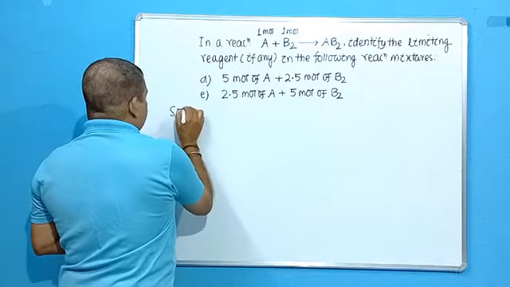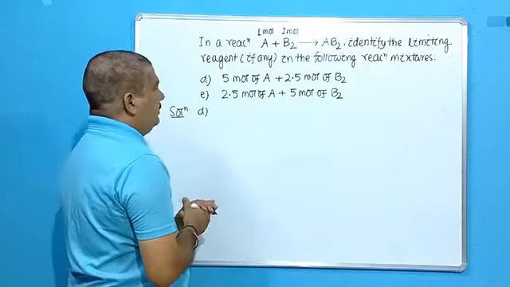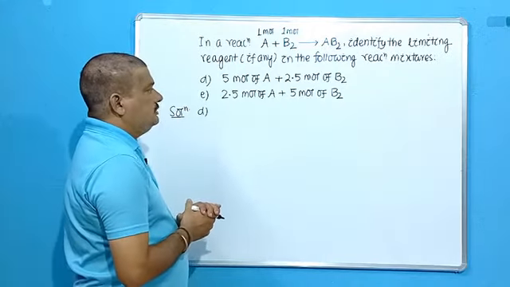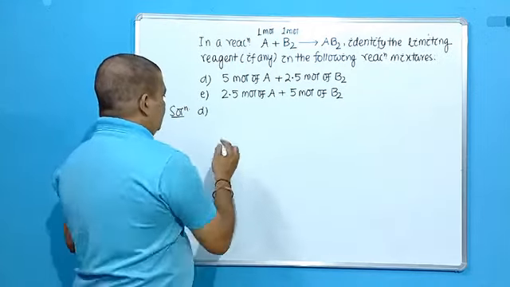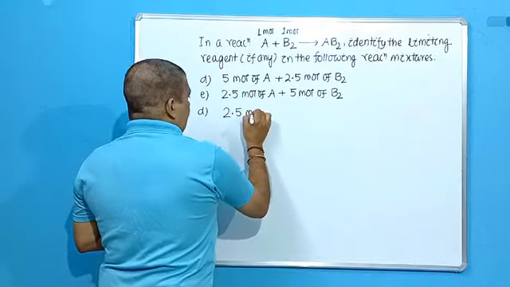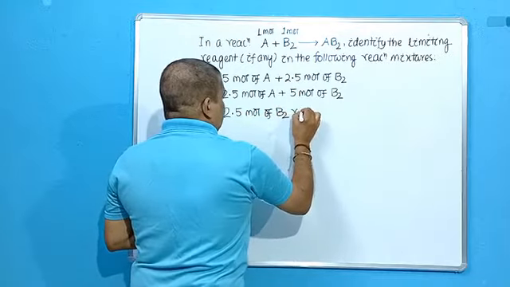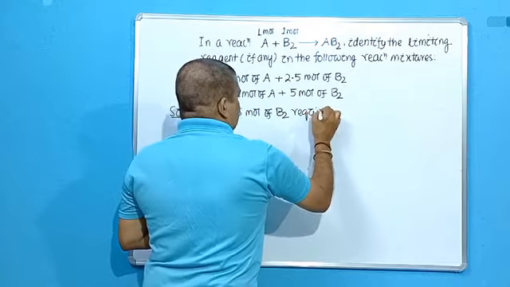Solution D. Here 5 mole of A is mixed with 2.5 mole of B2. We will start from this one. 2.5 mole of B2 requires how many moles of A?